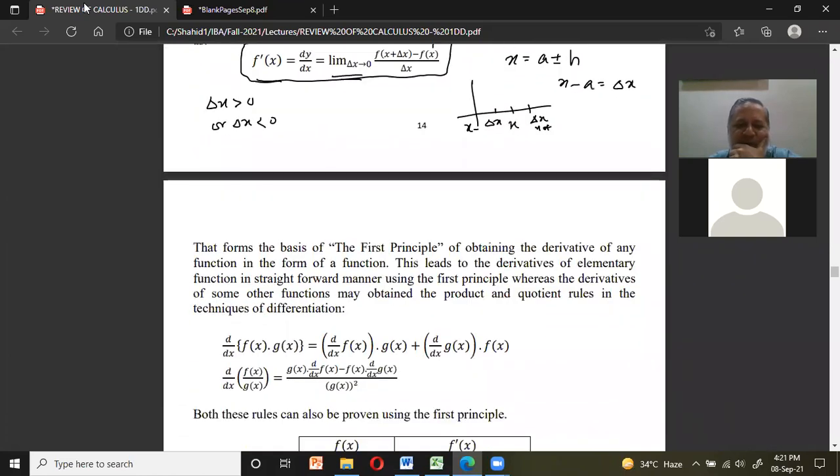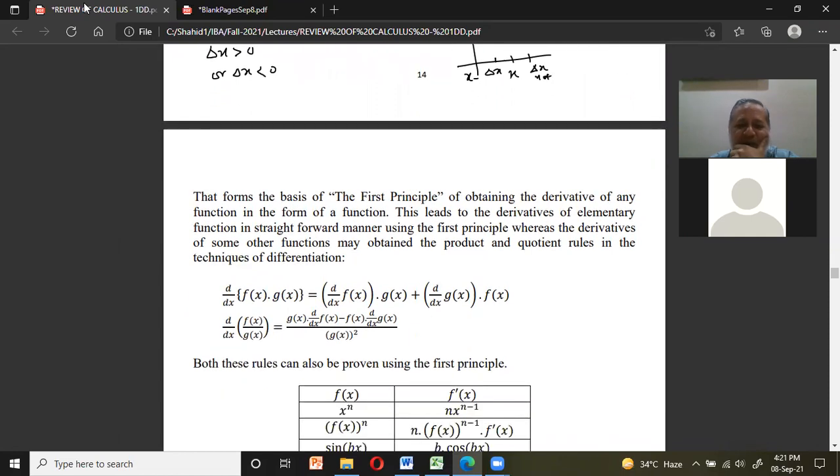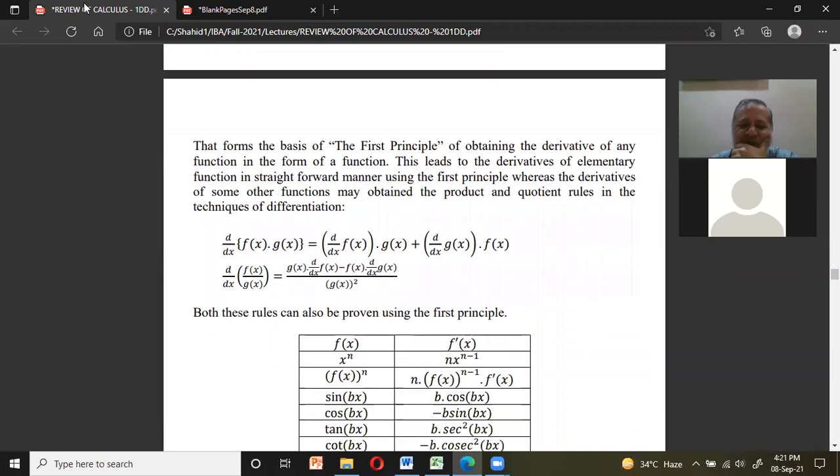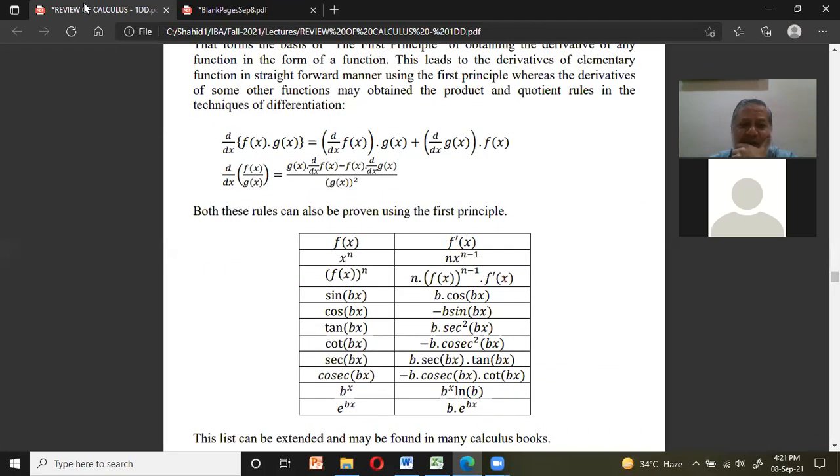This forms the basis of the first principle, and that is used to obtain the derivatives of basic functions. And you can prove that for functions of this type, x power n, everybody knows the derivative is n times x power n minus 1. That means if you are talking about x power 3, the derivative process will give you 3x square.